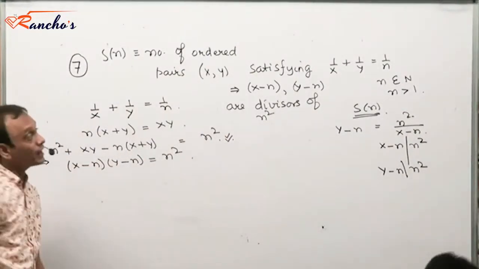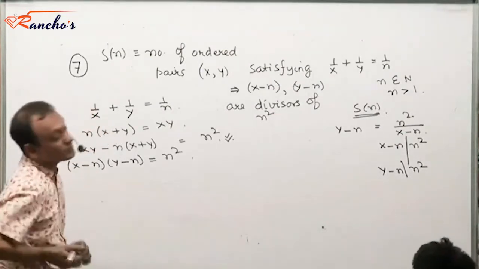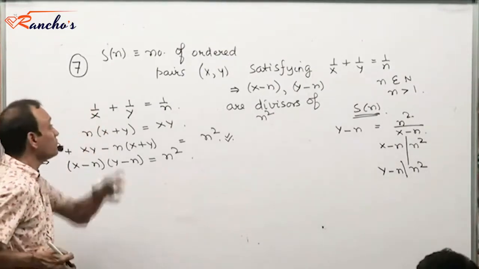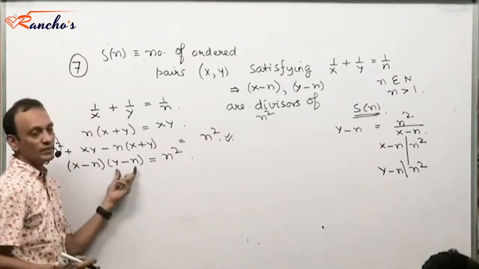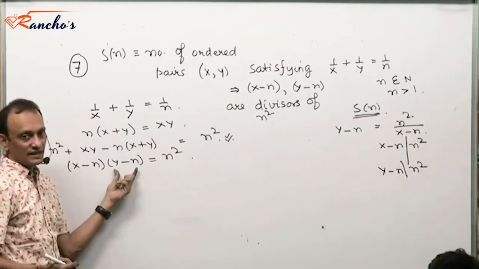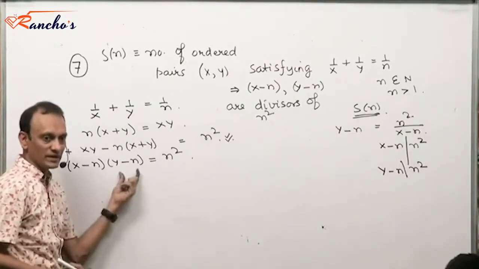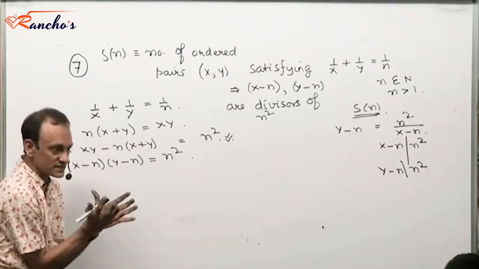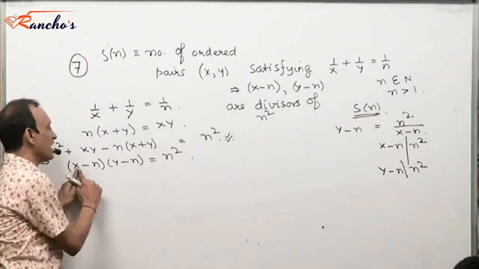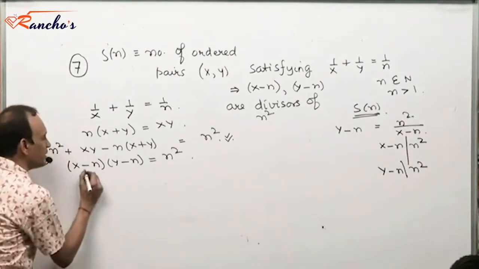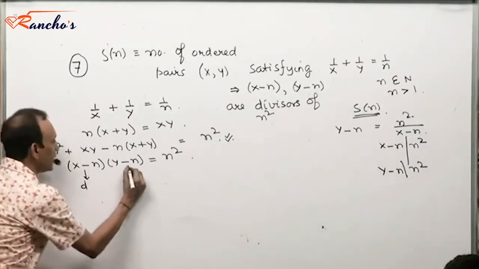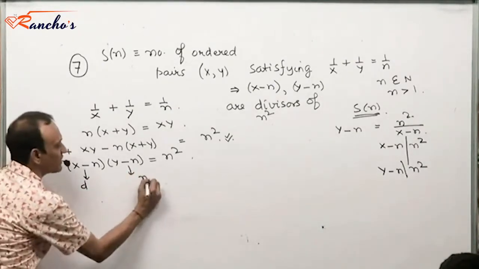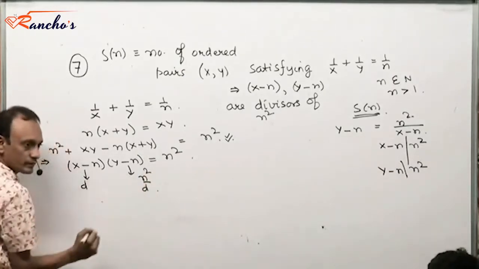Now, that means every time x minus n into y minus n, if they are selected as divisors, you get a value of x. See, if x minus n is a certain divisor, fixed, then the other divisor automatically is fixed. The other divisor is n squared by d, right?